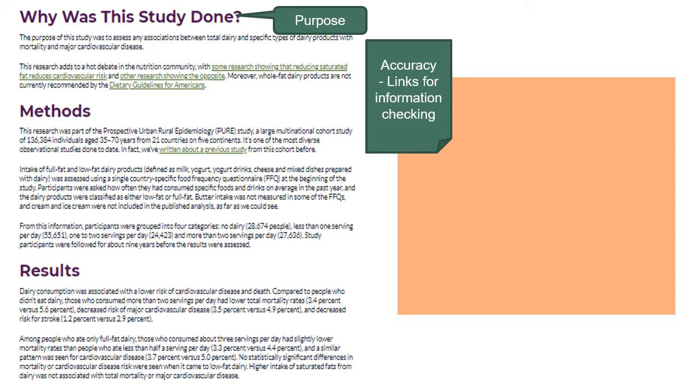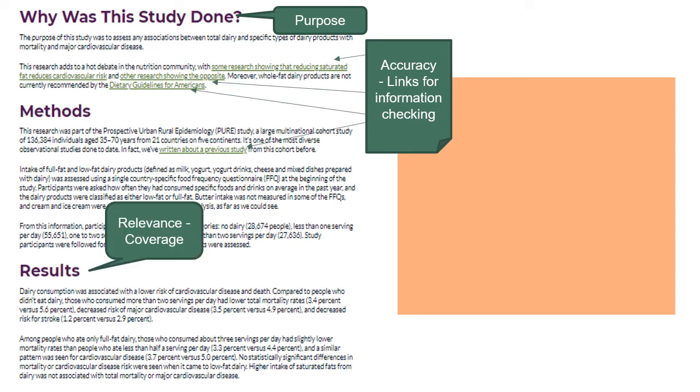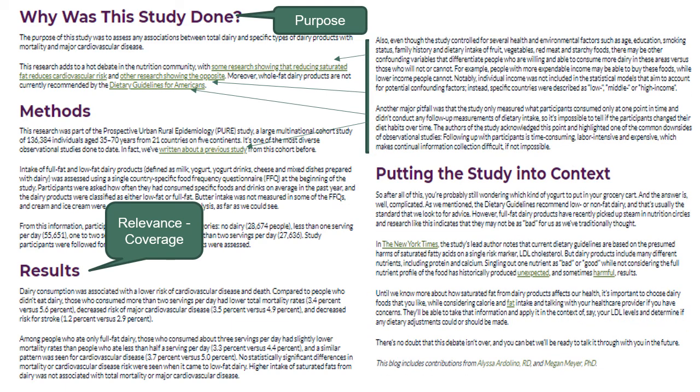Those provide links for information checking, meaning that this writing allows the reader to check the accuracy of the information. And the results show us the relevance and the coverage of the information in this web article.